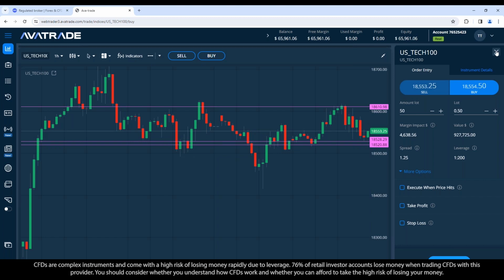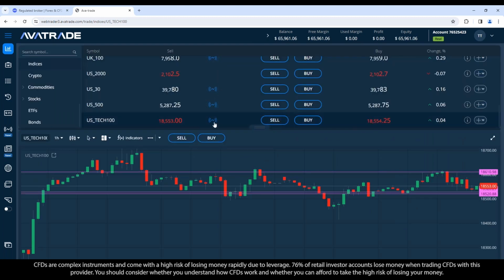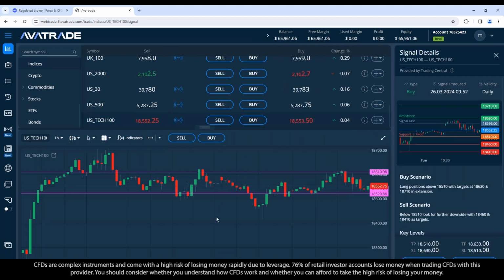Now, we could take a look at what is the signal on this. Okay, it is a buy signal. It almost outlined exactly what I just drew. And that's always nice. Sometimes I like to test the signal by first drawing my own technical setup with what I believe the fundamental news to be today, which we outlined before we looked at it.